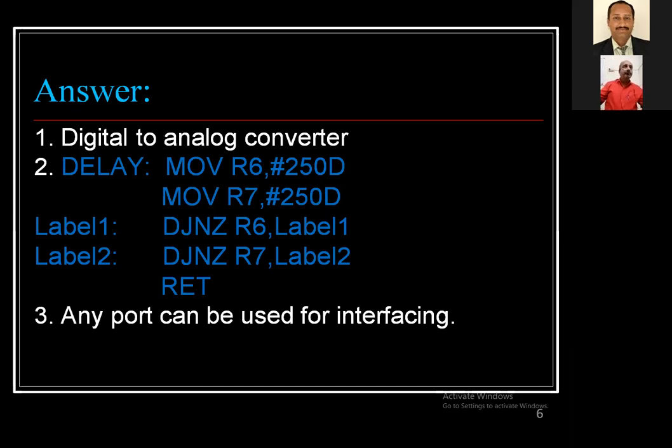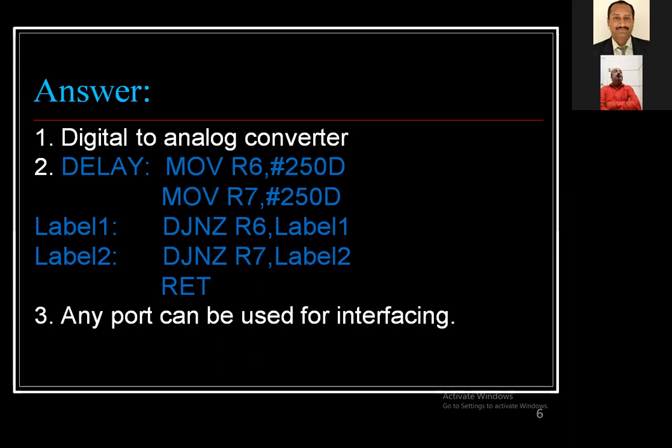Here is the code for the 1 millisecond delay. You can observe that this is the simplest code for generating a 1 millisecond delay. You can insert it anywhere, this code is universal, and in any program, whenever a delay comes, you can paste this code there.